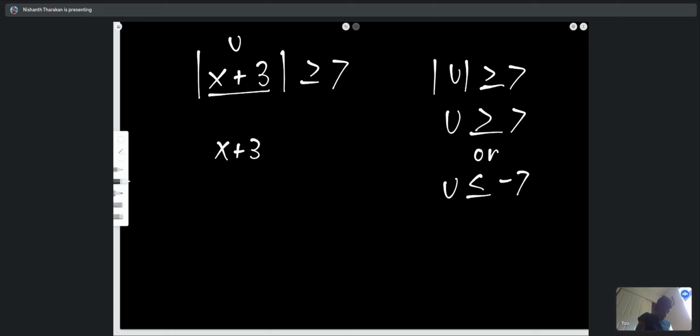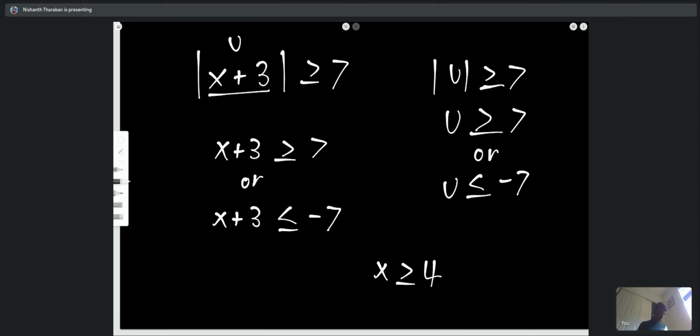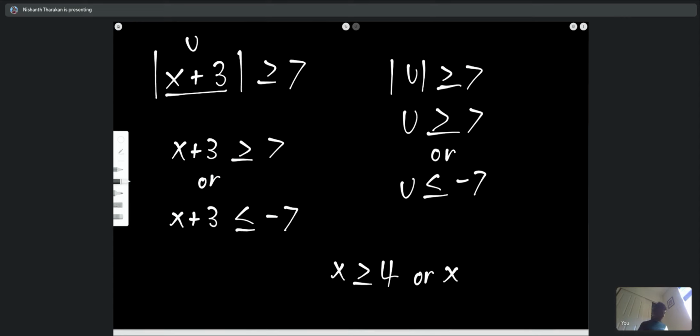So x plus 3 is either greater or equal to 7, or x plus 3 is less than or equal to negative 7. So let's solve for each of those. This top one is going to be x is greater or equal to 4, or x is less than or equal to negative 10.